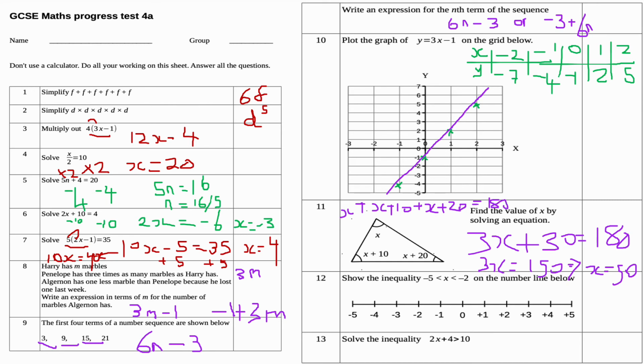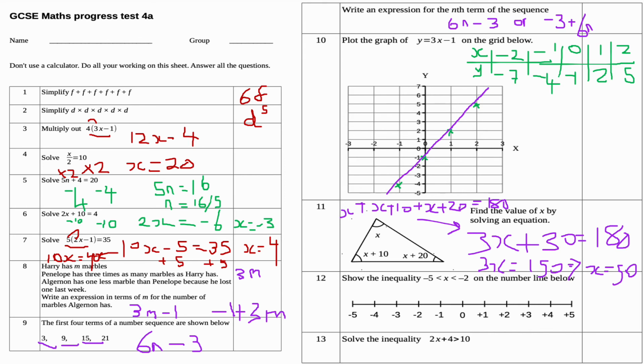Collecting the like terms on the left hand side ends up giving me this equation here. So x plus x plus x is 3x, 10 plus 20 is 30, and then I solve the equation and I get x is equal to 50.